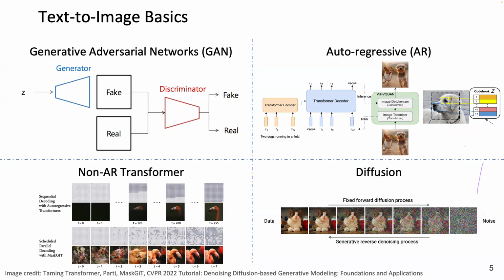And we also have the non-autoregressive approach, where the core idea is that instead of generating one token at a time with a transformer, in each decoding step, we can generate multiple token predictions in parallel so that the image generation can be sped up. And finally, in the bottom right is the diffusion process, which involves a stochastic differential equation to gradually evolve a sample from the noise distribution into a sample that falls inside the real image distribution.